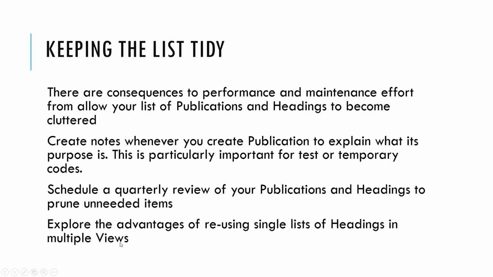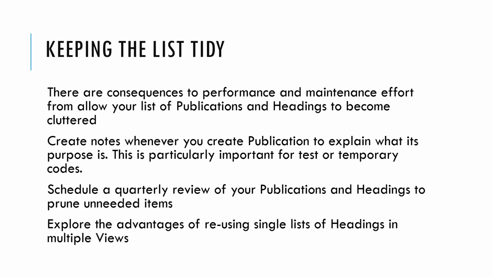One of the things you can do specifically with headings, if you find yourself reusing the same list of headings over and over again against multiple publications, is to start thinking about having a heading list that's global, applied to all of your records, and just using that in your quick list, which I'll show you how to do today.